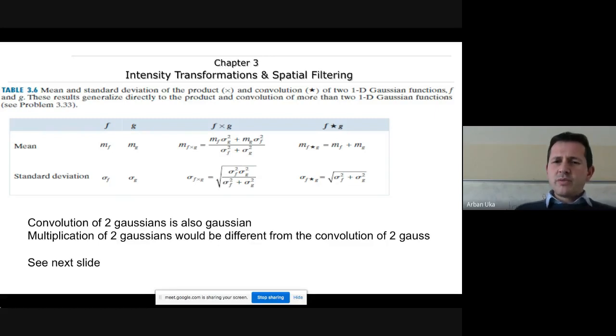Another important property of Gaussian functions, which we talked about before, is that it's separable, so we can represent it as a multiplication of 2 vectors, 1 column and 1 row, and we get a square filter.